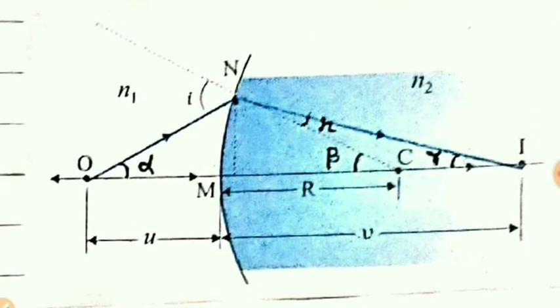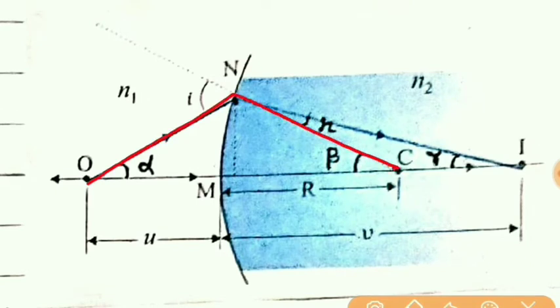Now students, we are going to consider the concept of exterior angle. So now let us consider the concept of exterior angle. Here you can see, carefully look here, for this triangle ONC, this i is an exterior angle.